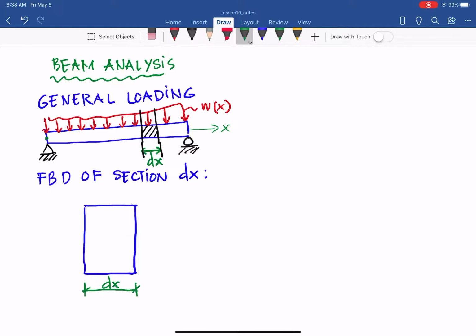For the cross section of that member, I just want to draw what the cross section looks like.